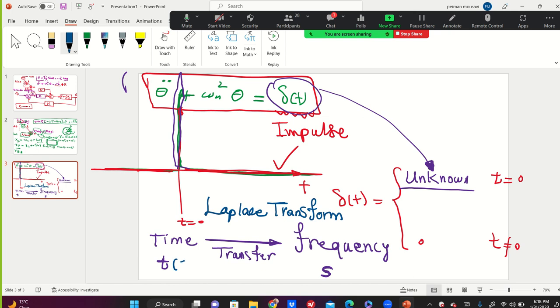This is t in seconds. The variable in the Laplace transform is defined as j or i omega. We know i is the square root of -1, and omega is the frequency, the characteristic frequency.